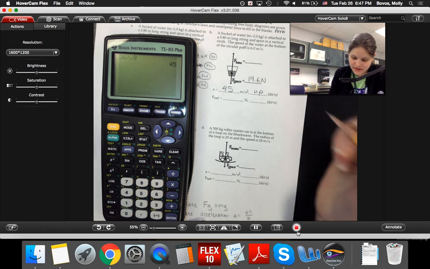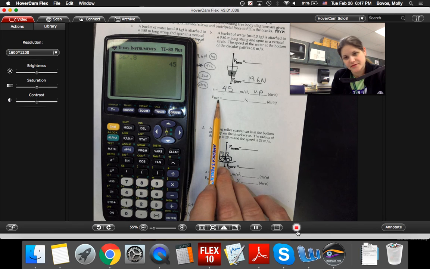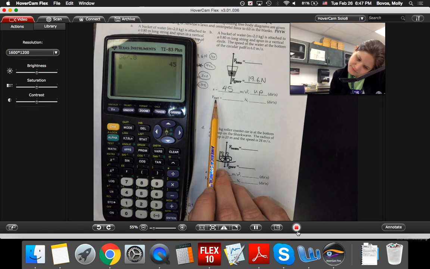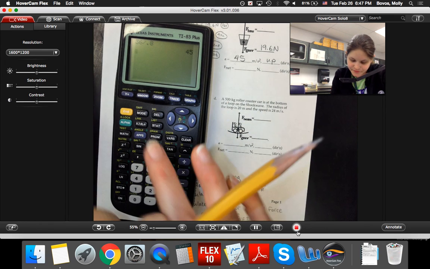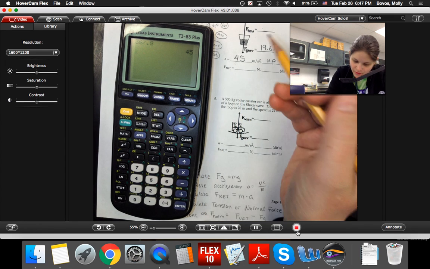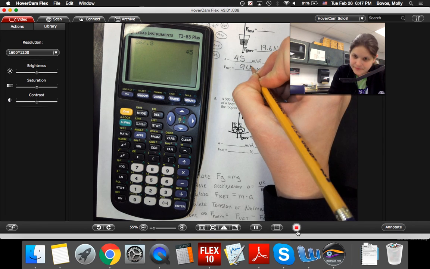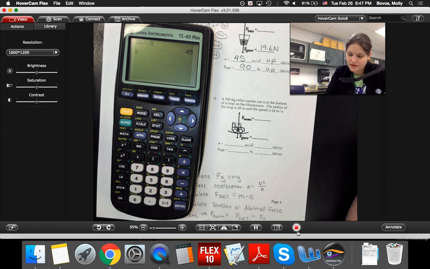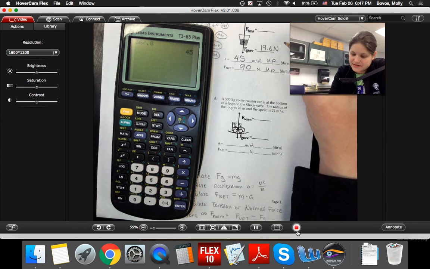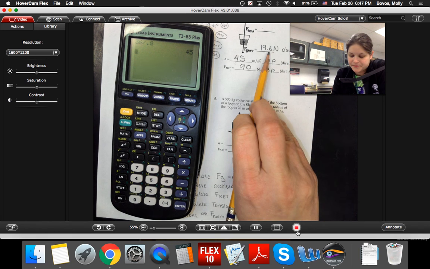It's a biggin, okay? That means my net force is going to be this number times 2, so that's going to be 90, and that's also up. Notice that gravity is acting down though, which makes it a negative number.